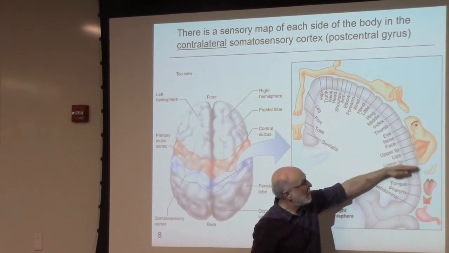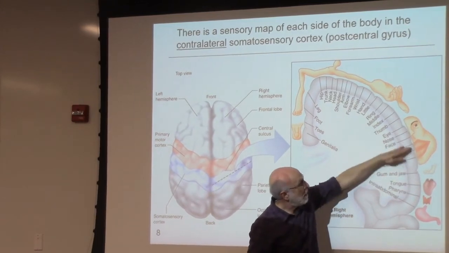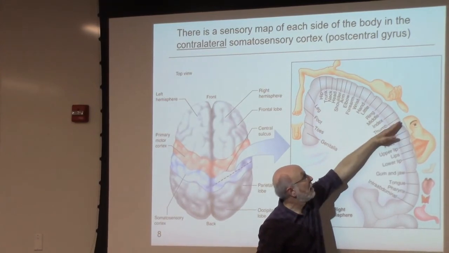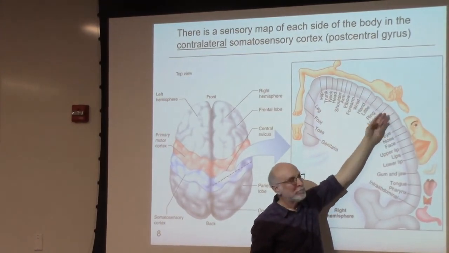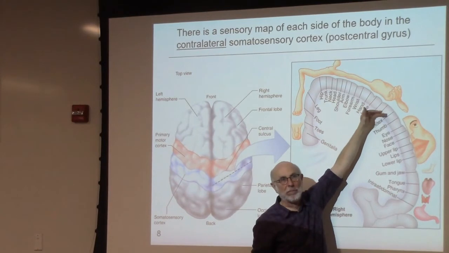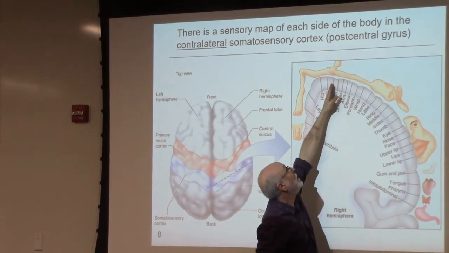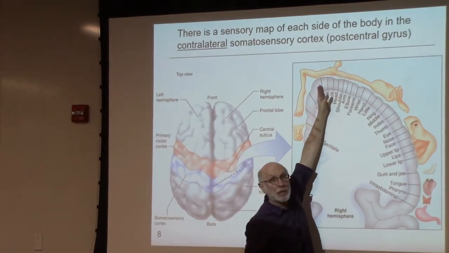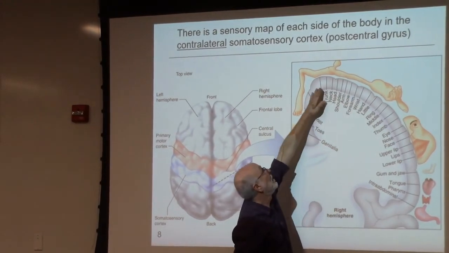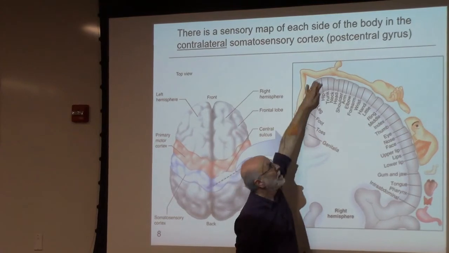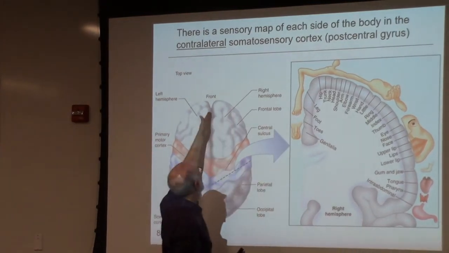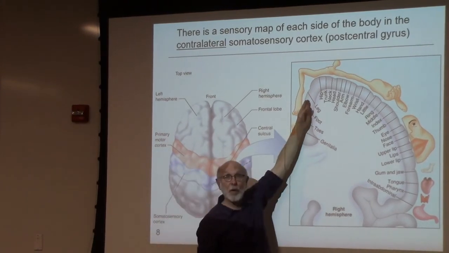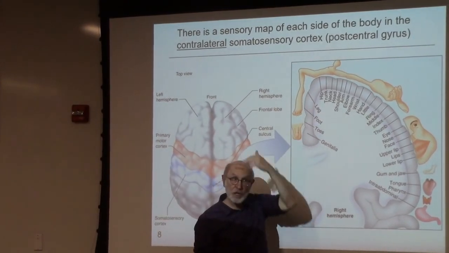So face, tongue, jaw, mouth, laterally. Hand, superior lateral. Arm, head, torso, superior. Leg and foot are on the medial. They're part of the cortex facing the longitudinal fissure.